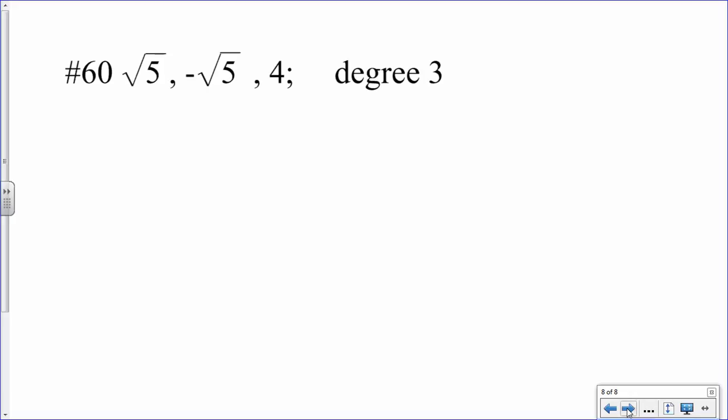So even though there's radicals, you still do it the same way. You would do it the same way if it's imaginary numbers too. So factored form.